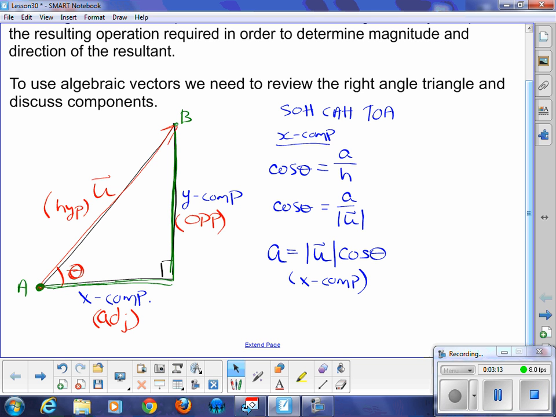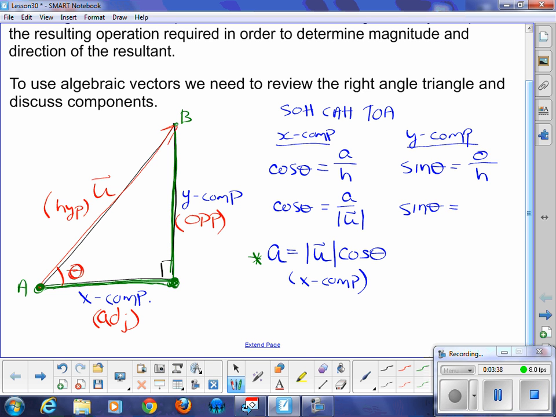Again, we're trying to create a road map getting us from point A, except instead of going directly to B, we're going to travel along the x-axis. So that value I just got calculates how far along the x-axis you need to travel. Similarly, the y component uses the sine ratio, which is opposite over hypotenuse.